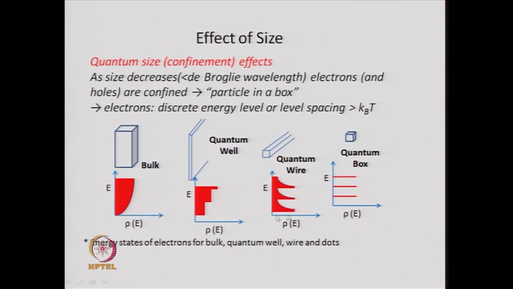So, in all these cases, because the energy level diagram is different because of the type or size of the particle and the shape of the particle, hence the optical properties will be different.